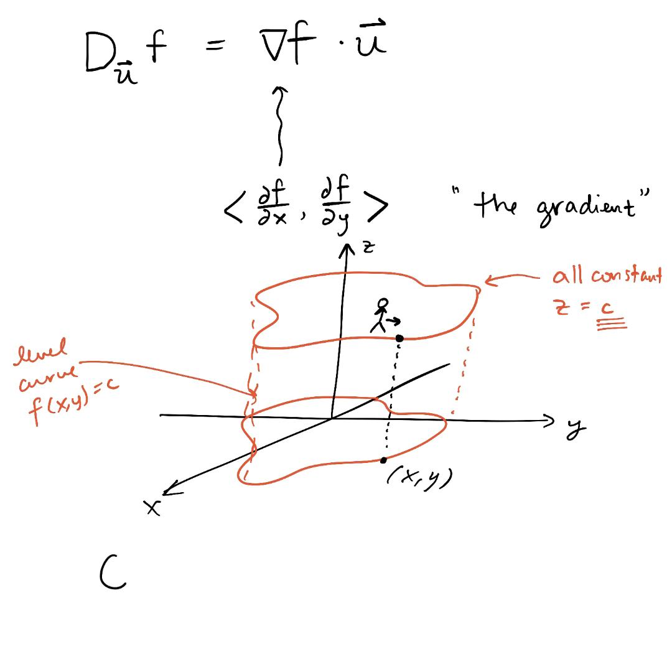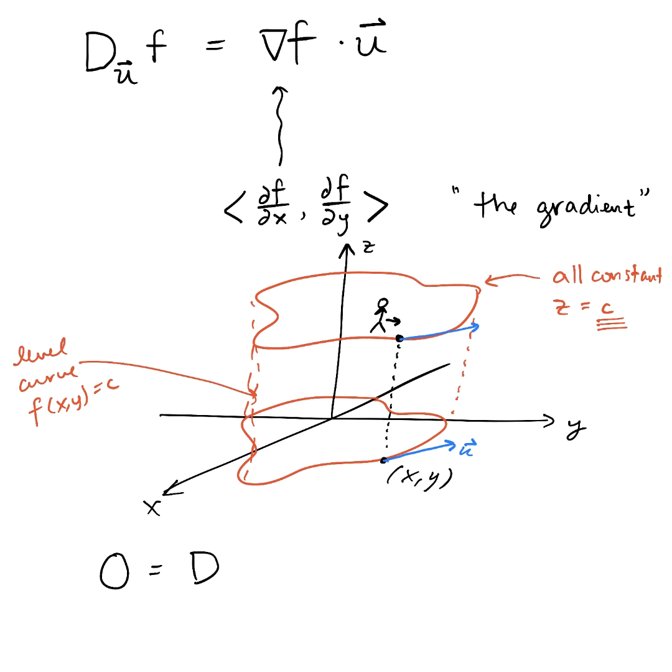So 0 is the slope in the direction of this blue vector. Remember, the hiker is walking along the curve. The slope in that direction, so let's call that vector u, down there flat in the xy plane.